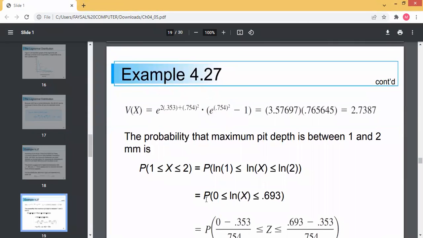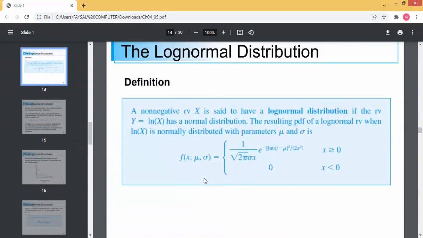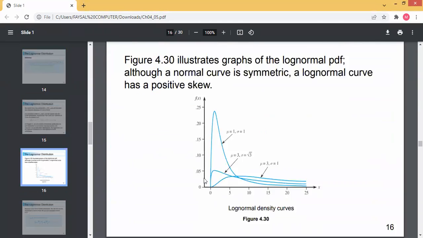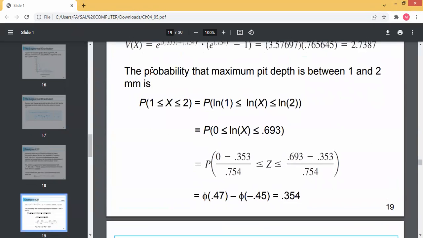Now, the probability that maximum pit depth is between 1 and 2. Again, for 1 and 2, I described earlier that I have to take the log. Where is the log? Yes, this one. Take the log on both sides. So I have to write my probability with x less than or equal to 2 and greater than or equal to 1.